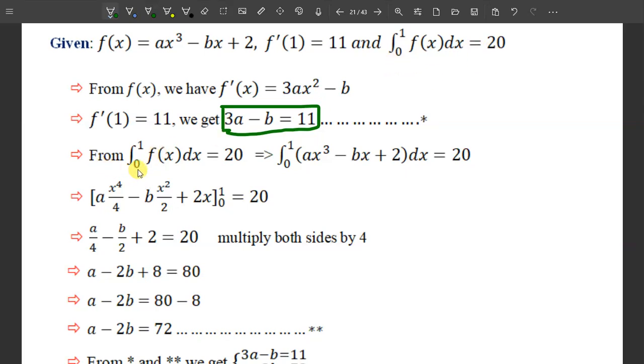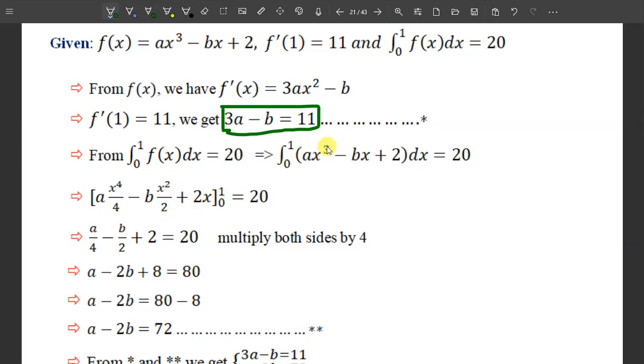Now, from the integral from 0 to 1 of f of x dx is equal to 20, we will have the integral from 0 up to 1 of our function ax cubed minus bx plus 2 dx is equal to 20. And then integrate this one first. It will be a times x to the power of 4 over 4 minus bx squared over 2 plus 2x.